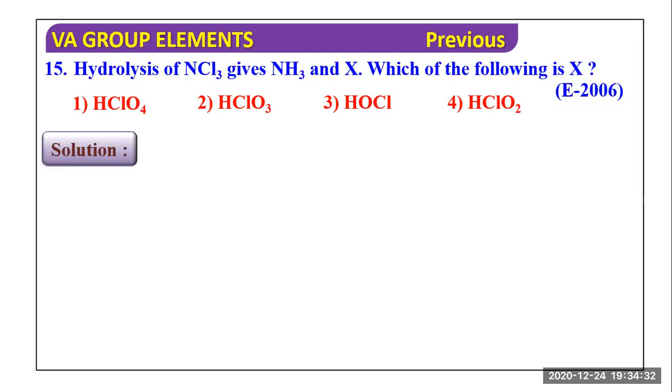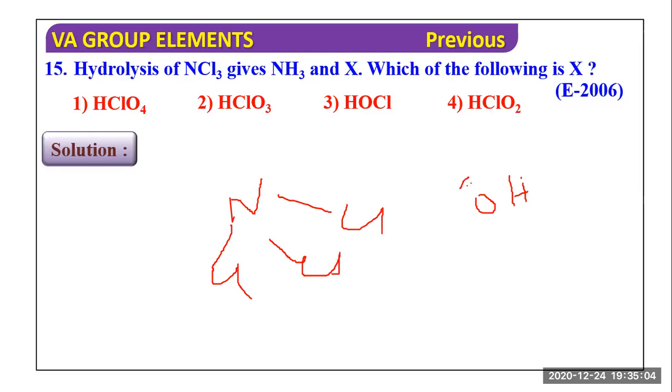Okay. How? This is actually what I am showing you: this is nitrogen, and this is chlorine, this is also chlorine, there is a chlorine, and the O is from water, the lone pair can directly attract to chlorine and this bond will be removed.